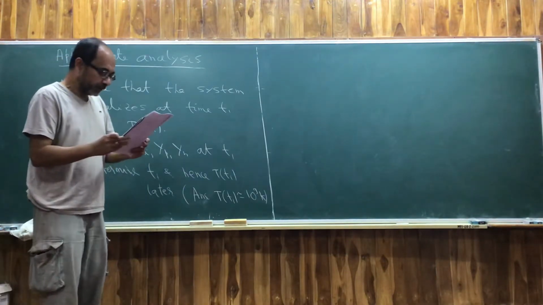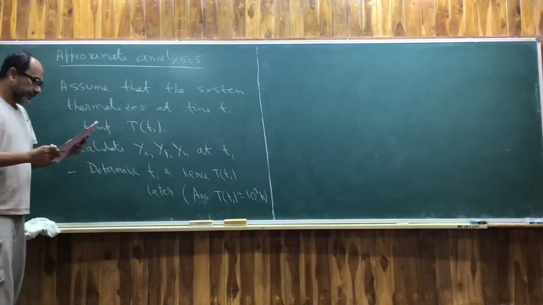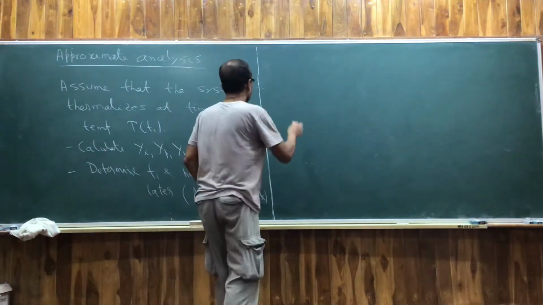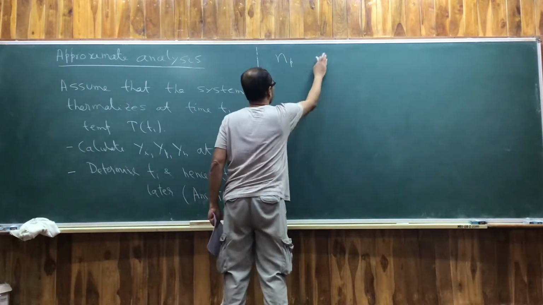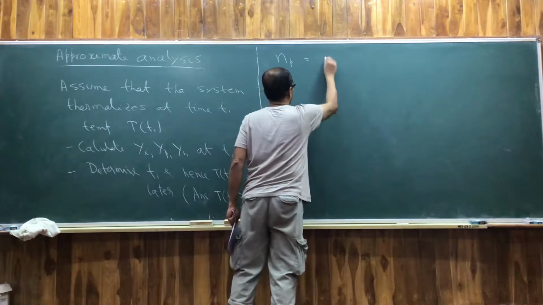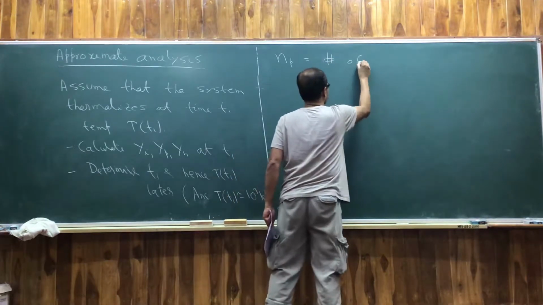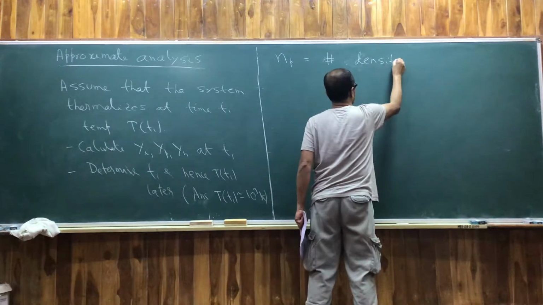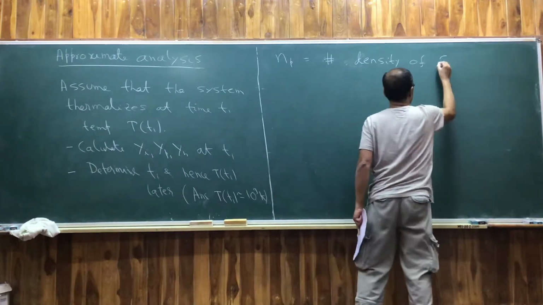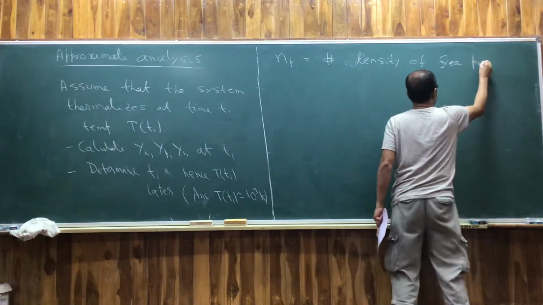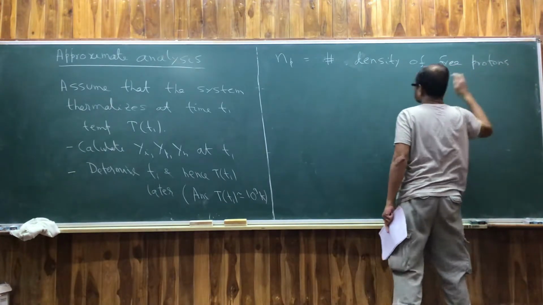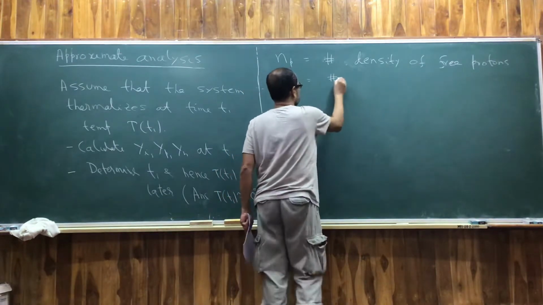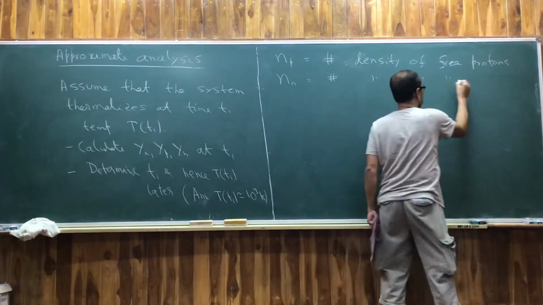Okay. So now let's start doing thermal equilibrium. So Np is the number density of free protons. Nn will be the number density of free neutrons.